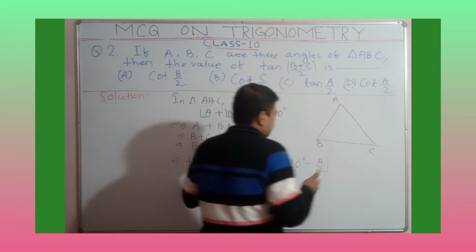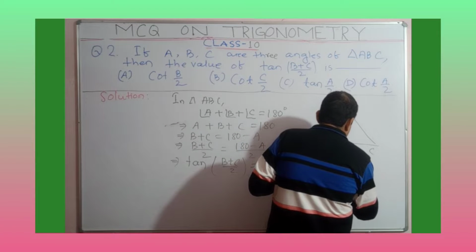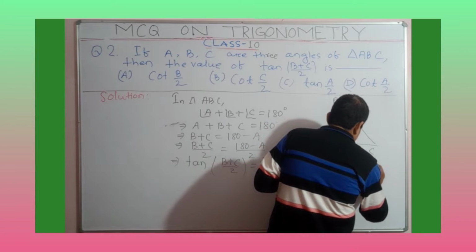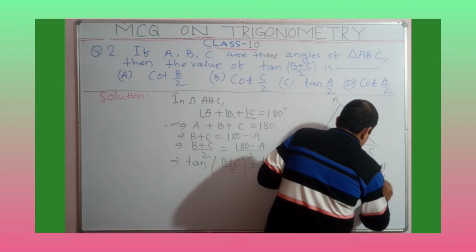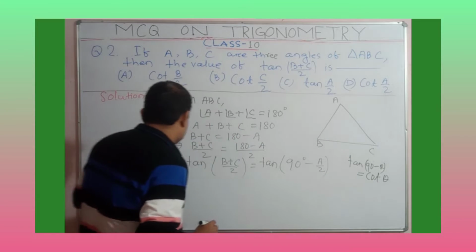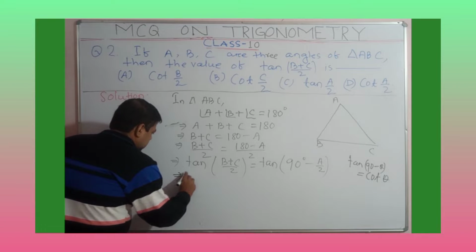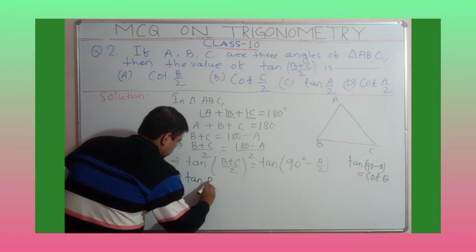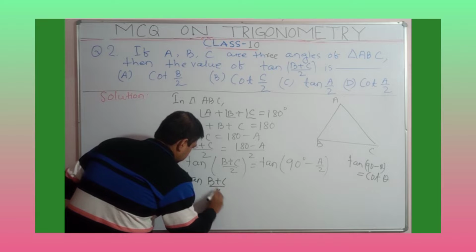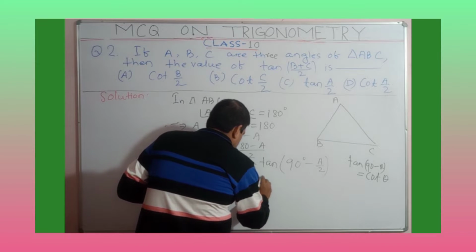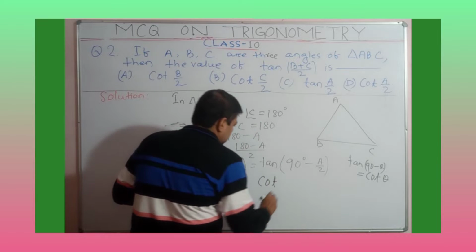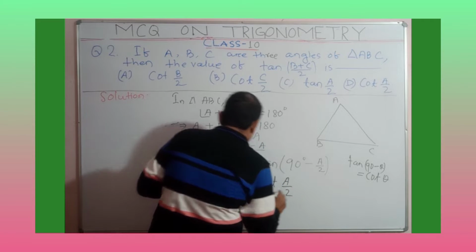All of you know tan (90 minus theta). What is the value? We know it is cot theta. So that implies tan (B plus C) upon 2 is equal to cot, where theta means A upon 2.